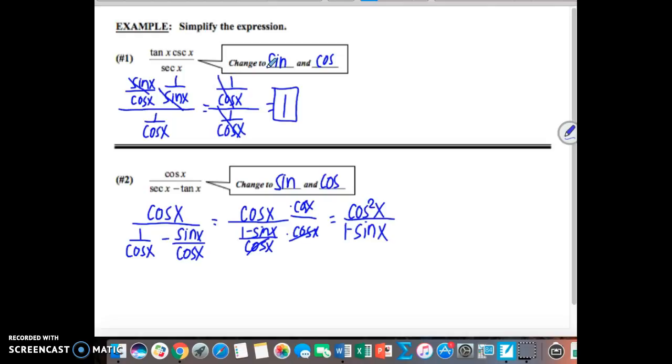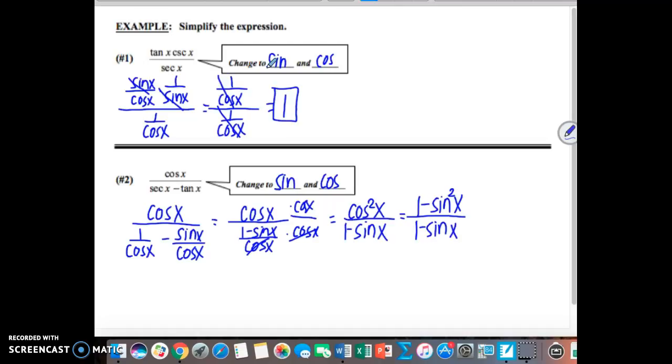Now cosine squared of x, we can use one of our trig identities we know. This is the Pythagorean identity. We can rewrite cosine squared of x as 1 minus sine squared of x, and our denominator will remain 1 minus sine of x.